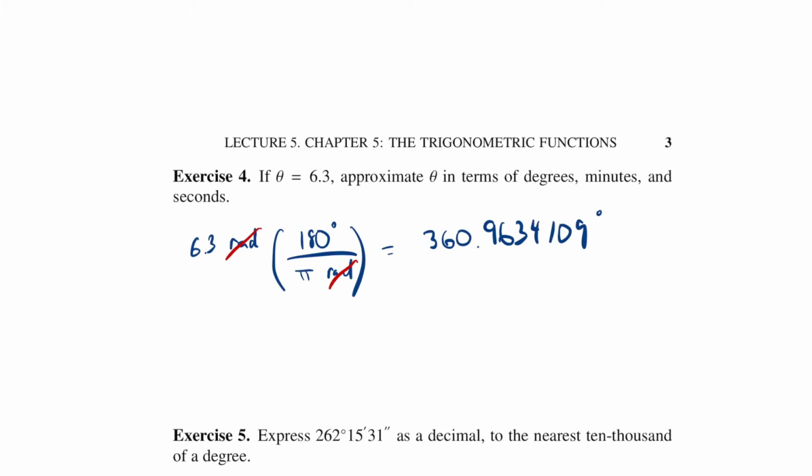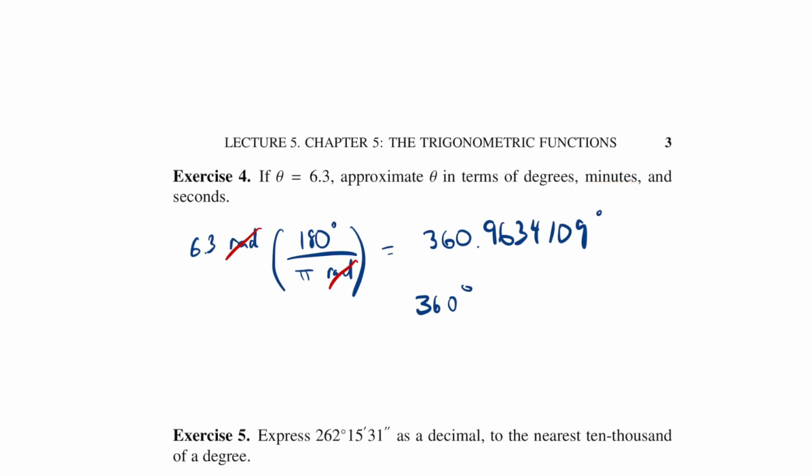So the way we get the minutes and the seconds is you take the number in front of the decimal, and that becomes your degrees. So far we have 360 degrees. Now we have to take the decimal part and multiply that by 60, and that'll give you the minutes.